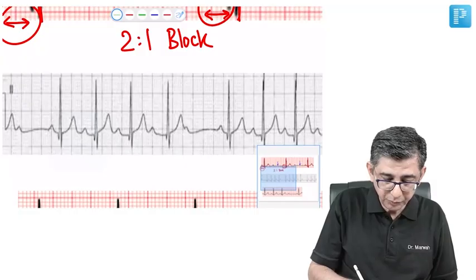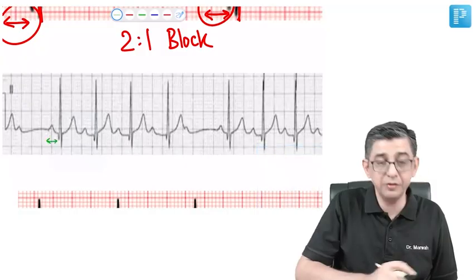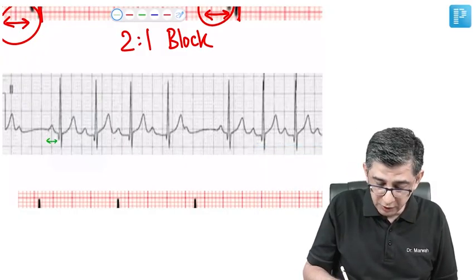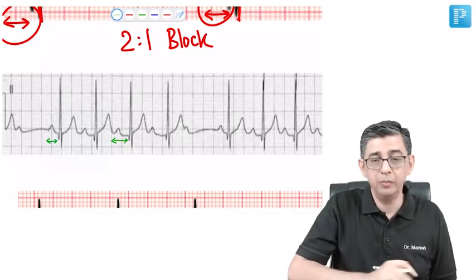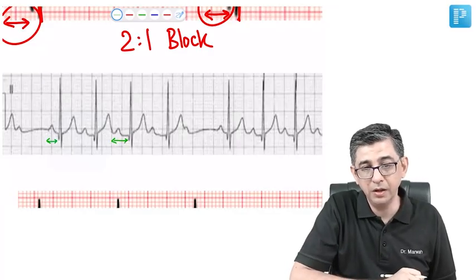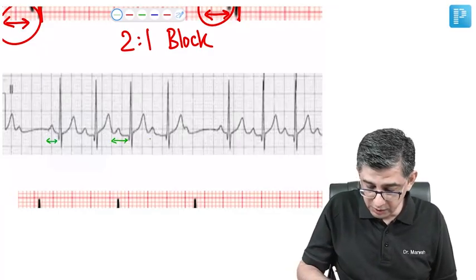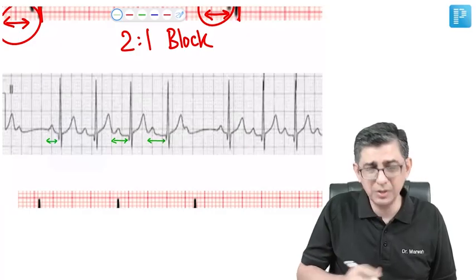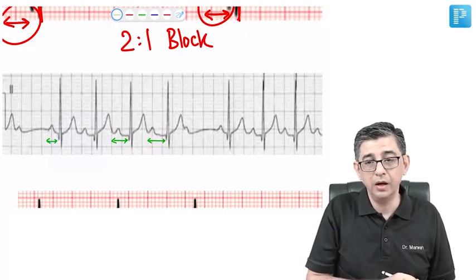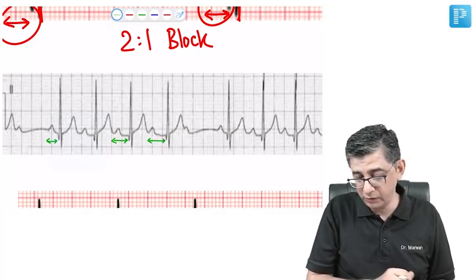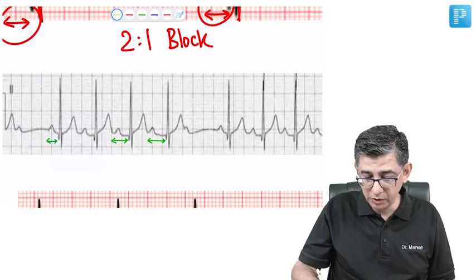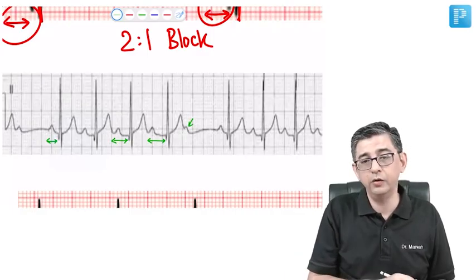This is the PR interval the first time. If you compare this with the PR interval the second time, there is a visible increase present. Then I'm going to once again check it. It looks almost the same or slightly increased. And then what I'm noticing is that following T, this looks like a P which is just buried at the end of the T.